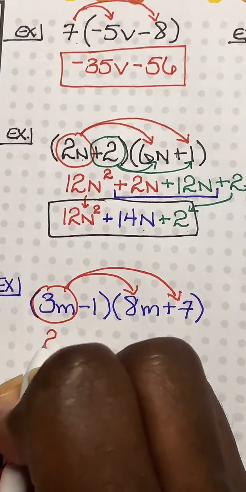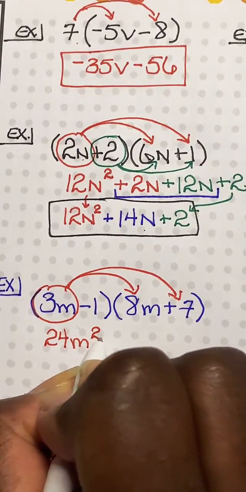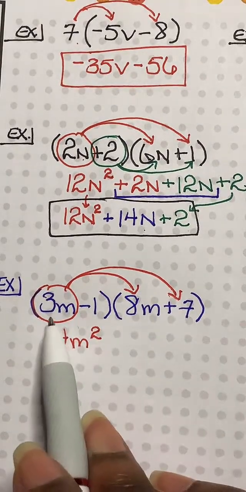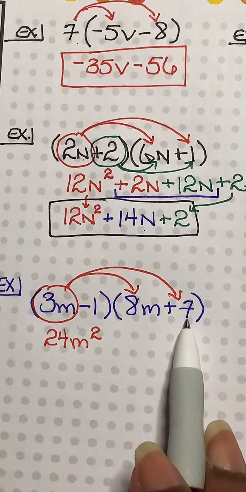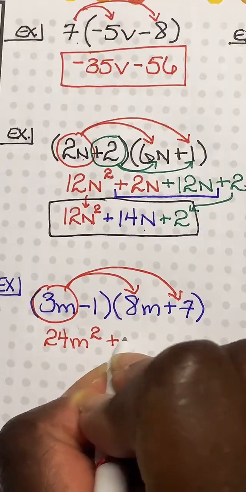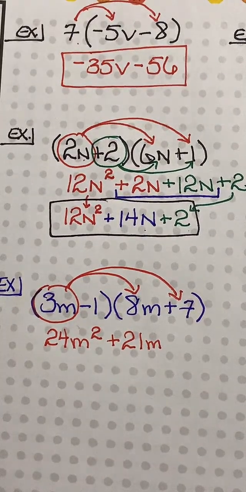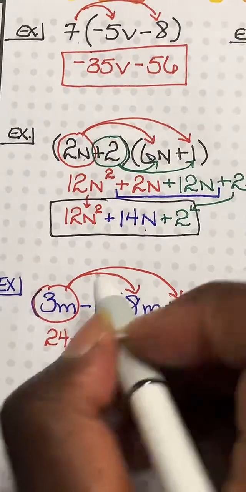We do get our 24m squared. Now, 3m times 7. Both of them are positive, so it'll be plus 21m.